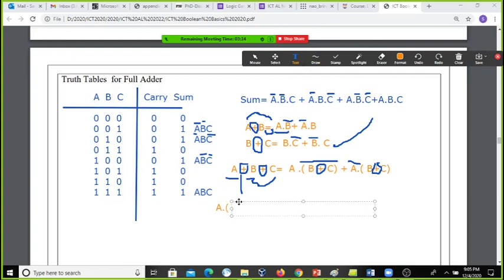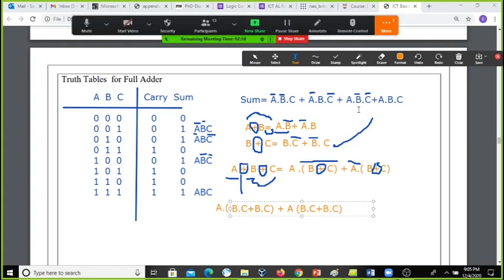That is, A, B exclusive C is equal to B into C bar plus B bar into C, plus the other one we have A bar, again we have the B exclusive C, that you can write as B into C bar plus B bar into C.